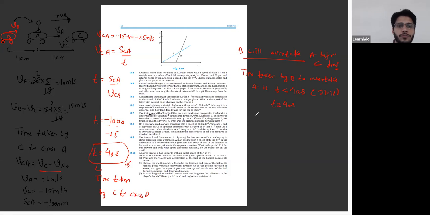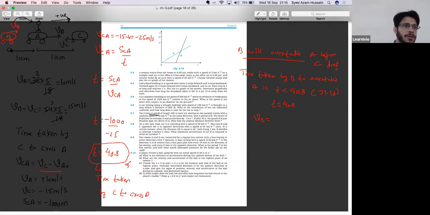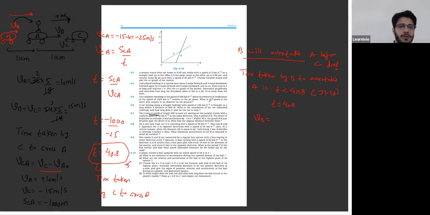So here how much is VB? What's the velocity of VB? 15 meter per second. Okay. I'm considering this direction as positive. So we can take VB as plus 15 meters per second. What about VC? Not VC, I don't need VC, I need VA. So how much is VA?